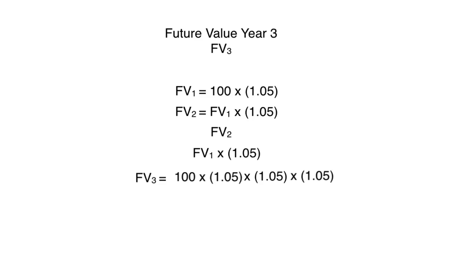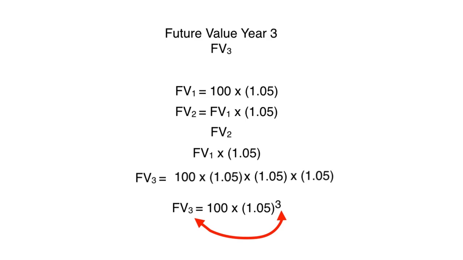But we know that 1.05 times 1.05 times 1.05 can be condensed into 1.05 to the third power. Aha! FV3, future value in year three, is the original deposit times 1.05 to the power of 3.